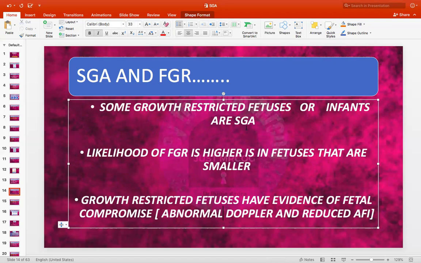Both are smaller in size. Both are restricted, but in SGA the only sign is fetal size. The rest, no Doppler problem or other features. But in growth restricted, we definitely find other features like abnormal Doppler and reduced AFI.